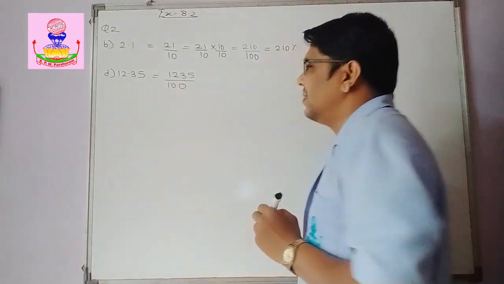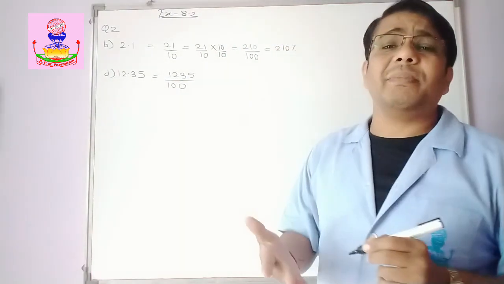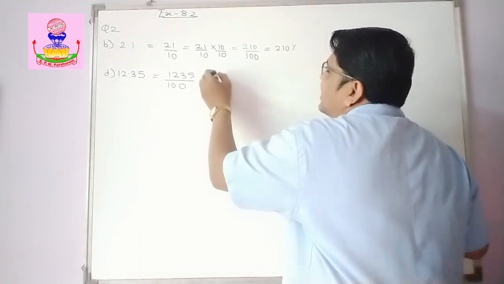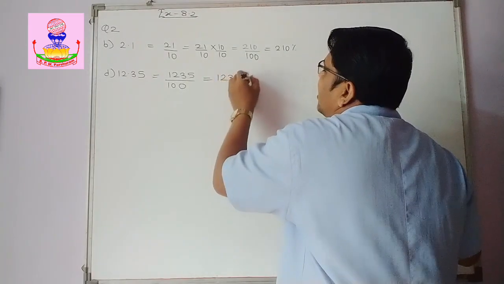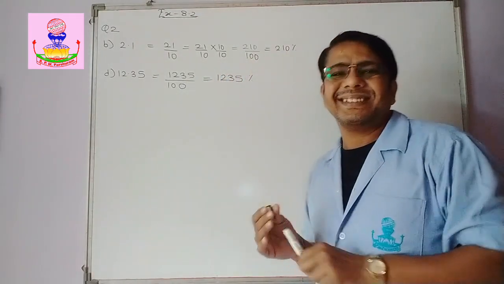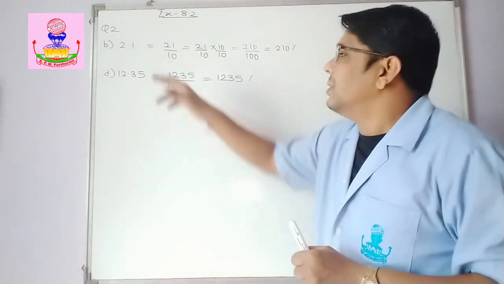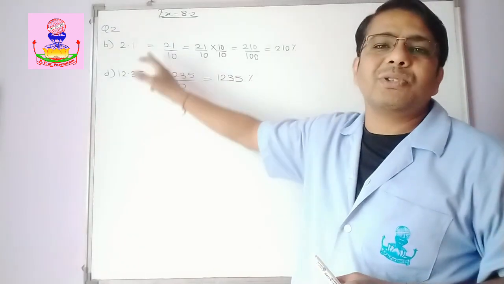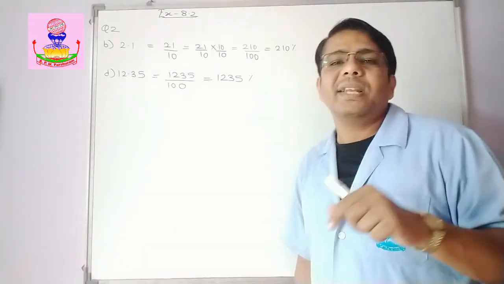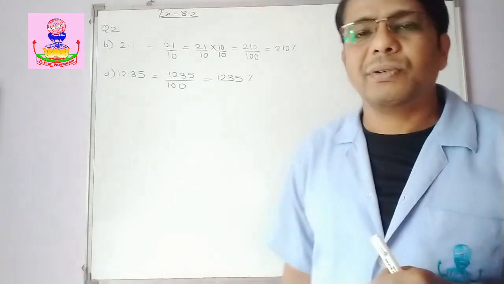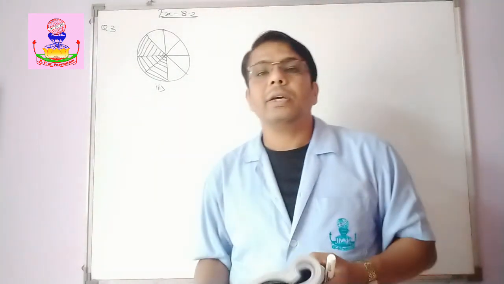Yes, absolutely right, 2 zeros. So it becomes 100. Now again, arithmetically you have got the denominator 100. So how many percent? 1235%. Do you get it? Okay. Now A and C you will solve as homework. Okay. Let's move to the next question.